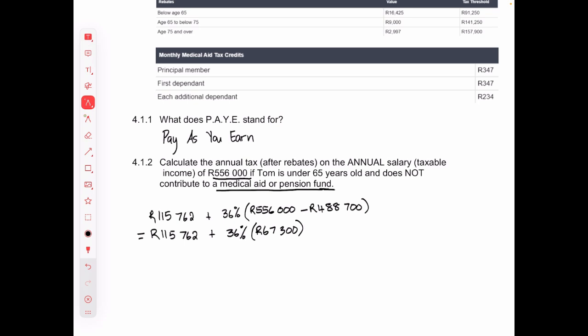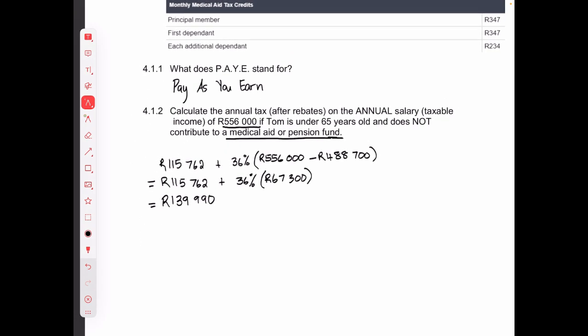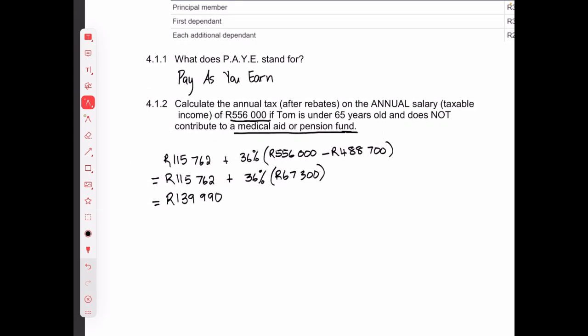Or you can just calculate it all in one step. And then when you work out the final amount, it will work out to 139,990. So that is the amount that you will pay for tax for the year.